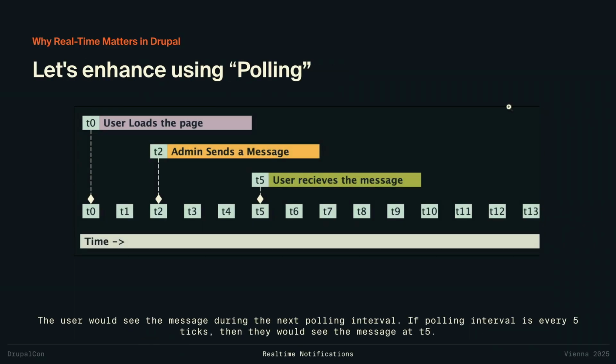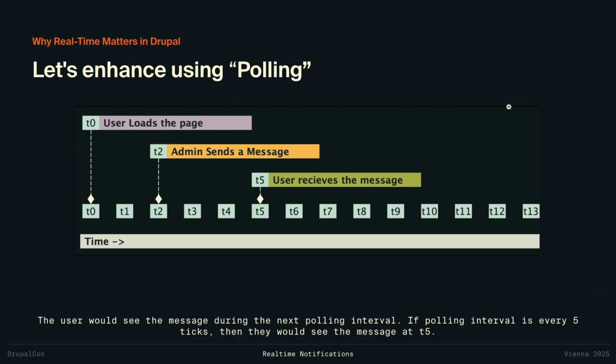Let's say we put a small Drupal behavior, JavaScript or something, on every page, which checks after a few intervals if there is a message, then we could show this message to the user.